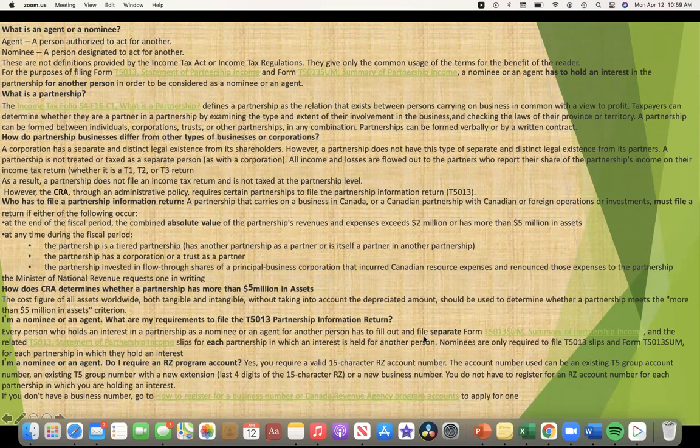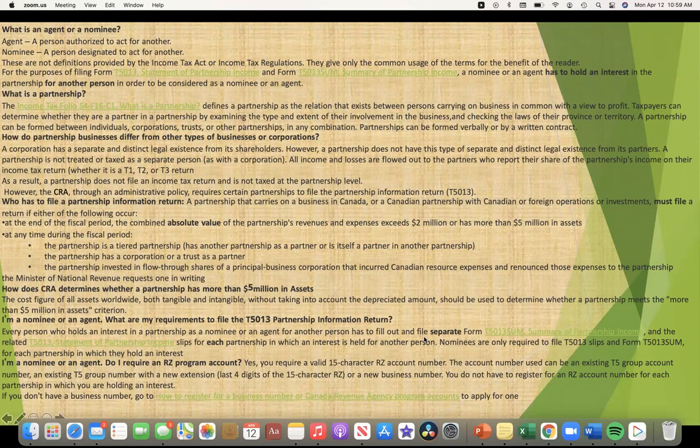So what is partnership? According to Income Tax Act, Section 4, E16C, define a partnership as the relationship that exists between persons carrying on business in common with a view to profit.